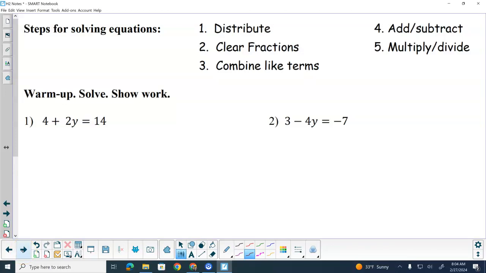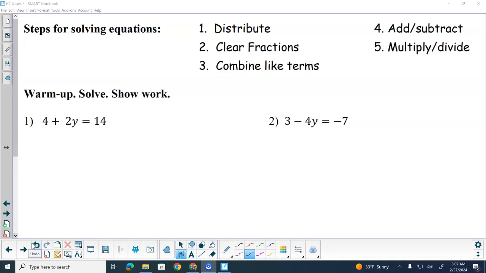warm-ups number 1 and number 2. Number 1, warm-up. First thing that we need to do. Izzy, we'll start with you. We'll go around the room. First thing we need to do. Subtract 4.